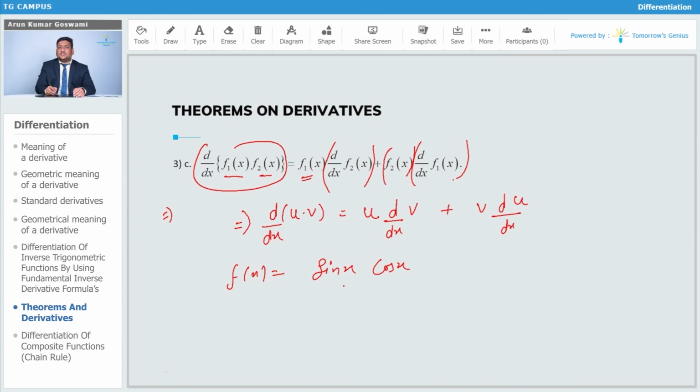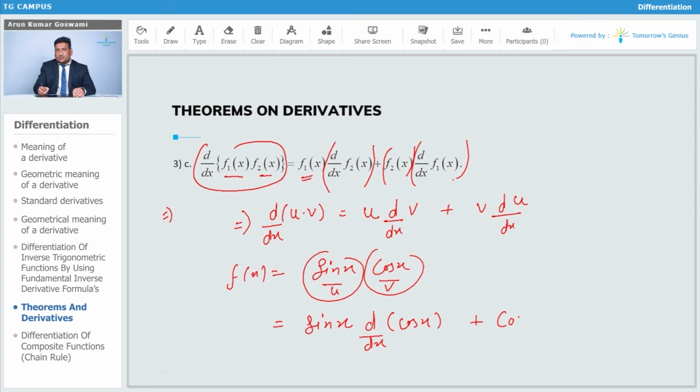If I'm taking this as u and this as v, then I keep sin x as it is, differentiation of cos x. First I'll write in terms of the formula: sin x times d by dx of cos x, plus cos x as it is, d by dx of sin x.